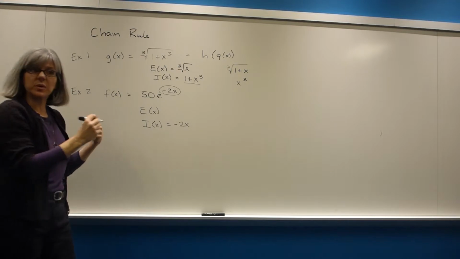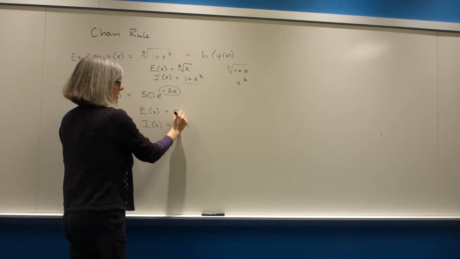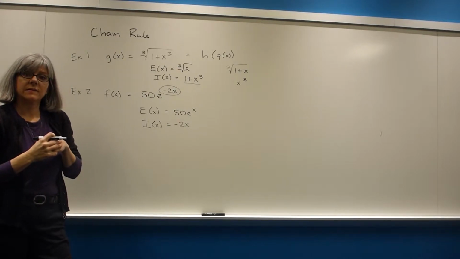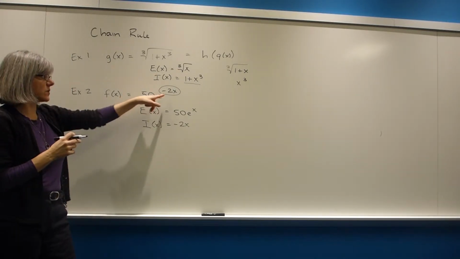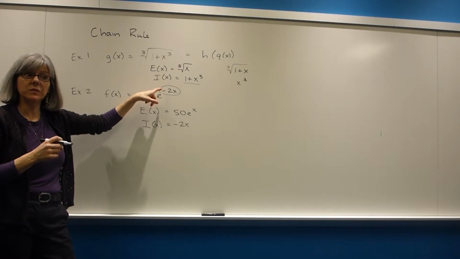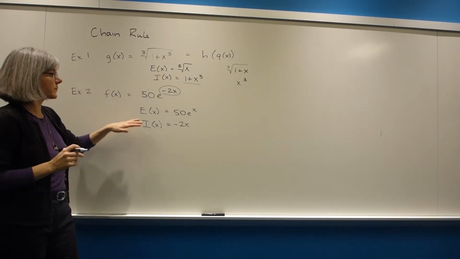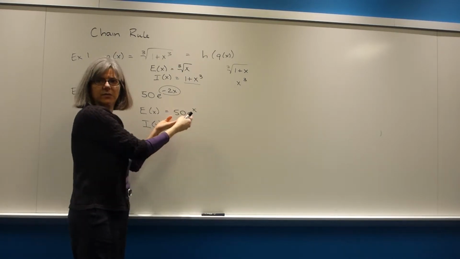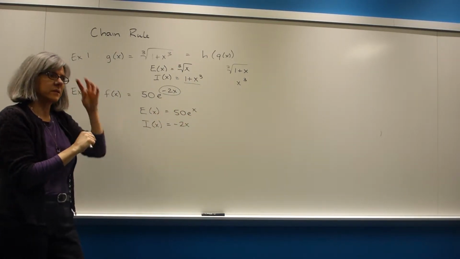And the outside function is pretty much everything else. 50 e to the x. So for exponentials, the inside is always the exponent. That's the easiest thing. Because this is an easy derivative, and this is an easy derivative. I mean, that's where we're going to go with this.